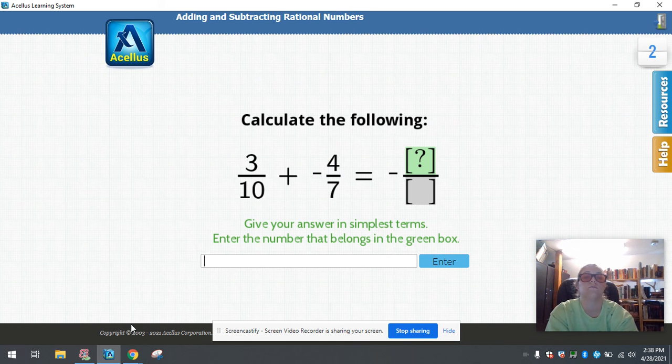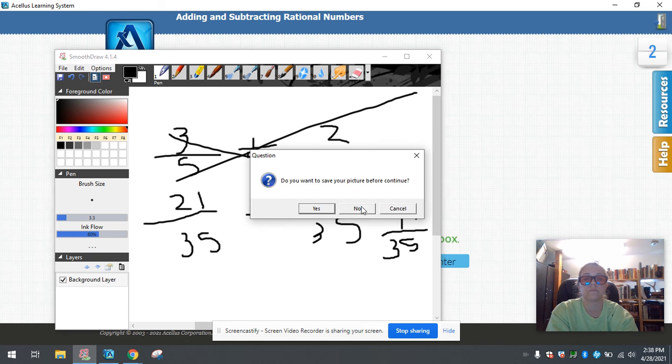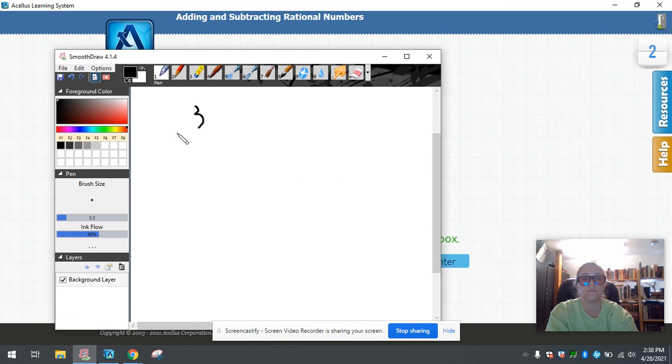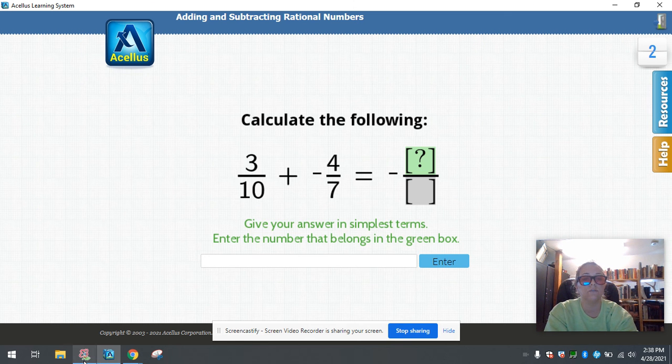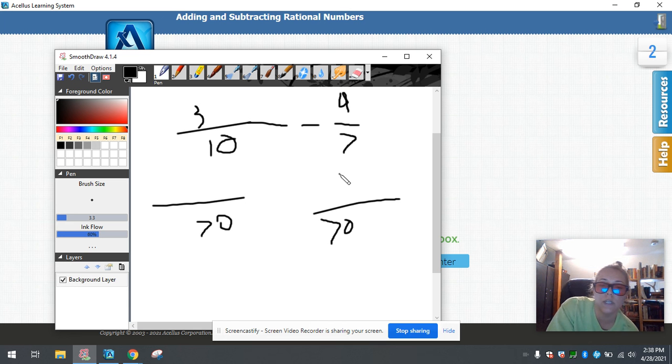3/10 plus -4/7. Adding a negative, same as subtracting. Find a common denominator by multiplying the denominators together. 7 times 10 is 70. Cross multiply. 10 times 4 is 40. I think that's a 4.